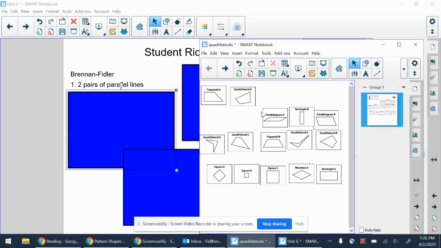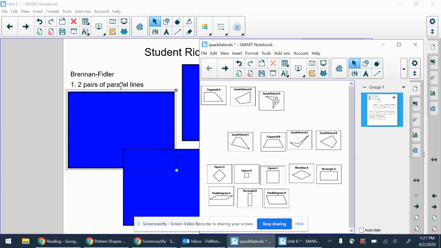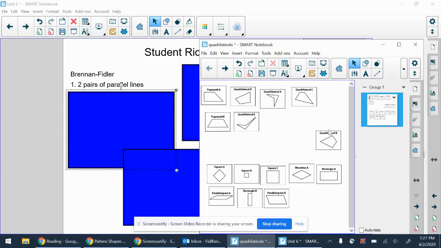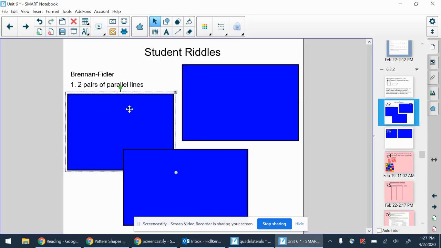Rectangle, yes, yes, yes, no, no, no, no, and no. So the ones on the bottom here are all the shapes that we have that have 2 pairs of parallel lines. So it's either going to be a square, a rhombus, or a parallelogram. All right, let's see what his next clue is.